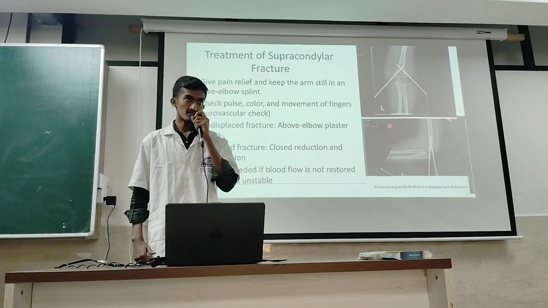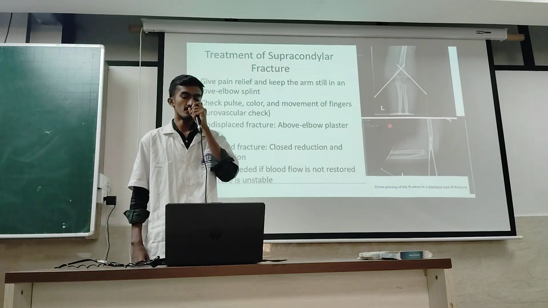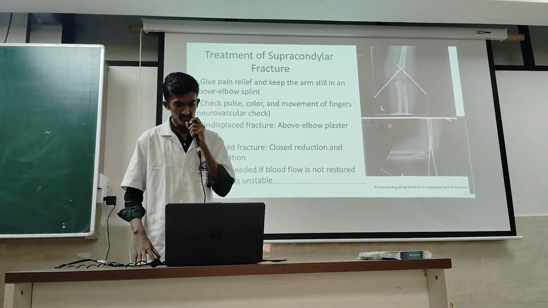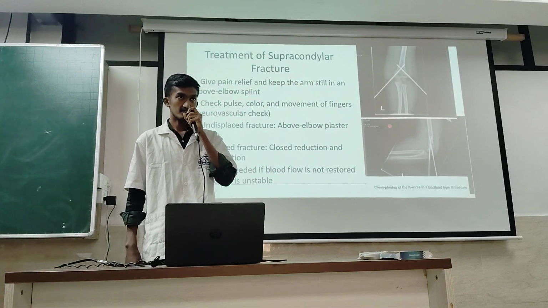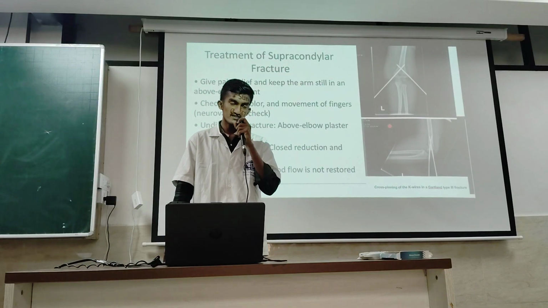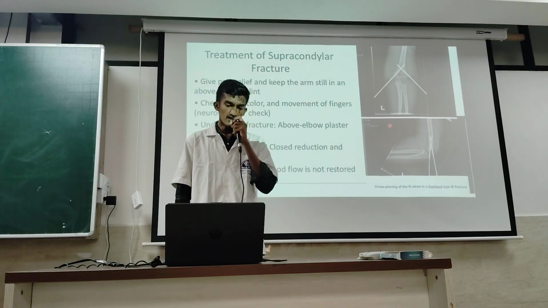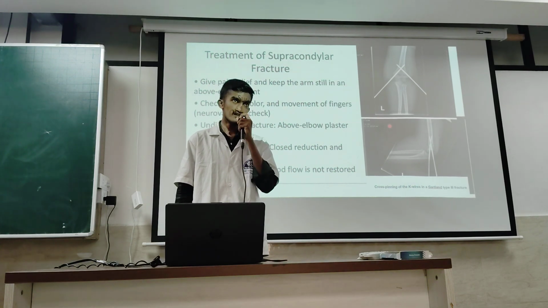If the fracture is undisplaced, then treatment is conservative with an above elbow plaster slab. And if the fracture is displaced, then it is treated by closed reduction followed by K-wire fixation. Surgery is needed if the blood flow is not restored or the fracture is still unstable.